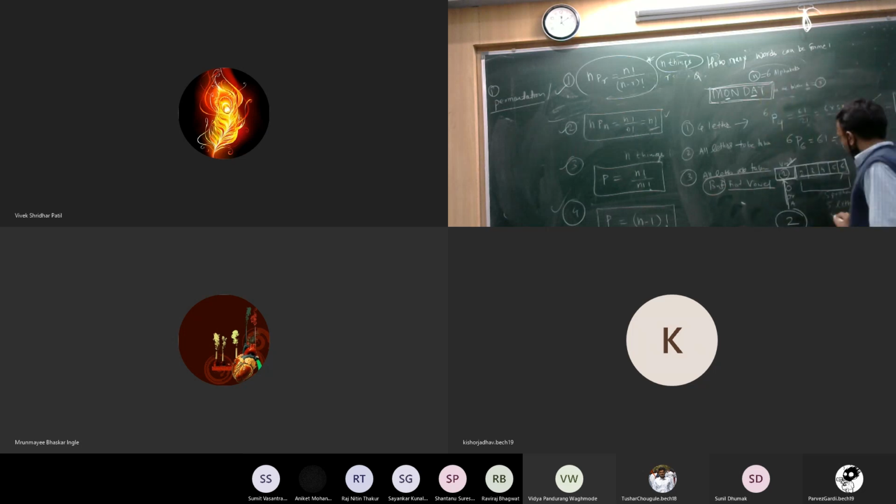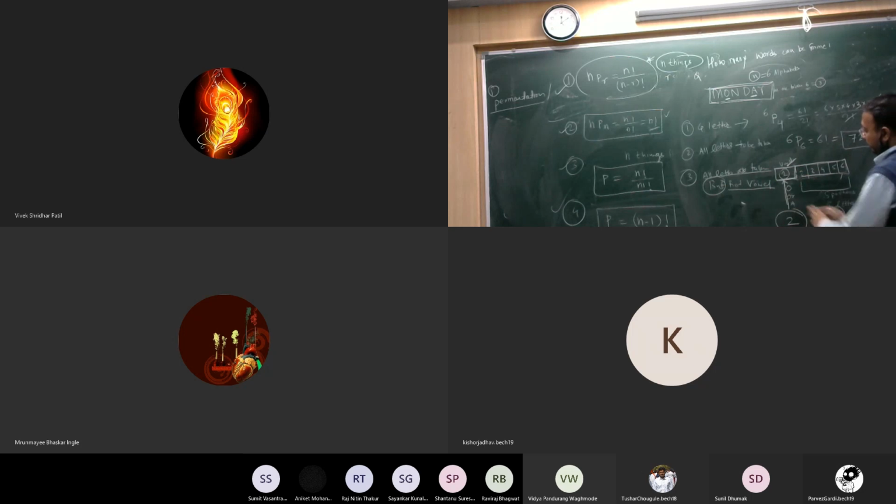That means 5 factorial: 5 into 4 into 3 into 2 into 1, which is 120. So these 5 alphabets can be arranged in 120 ways.